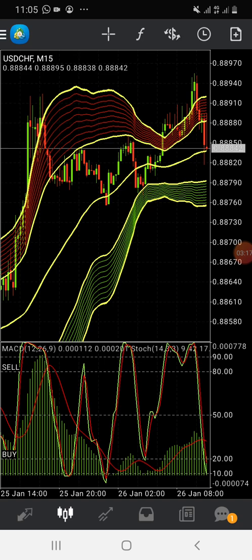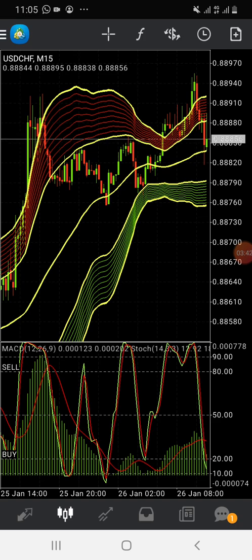So what is divergence? There are so many types of divergence that you can have on a pair. There's what is called the bullish divergence, where price is going down and your technical indicator like the MACD is going up. That's called a bullish divergence.